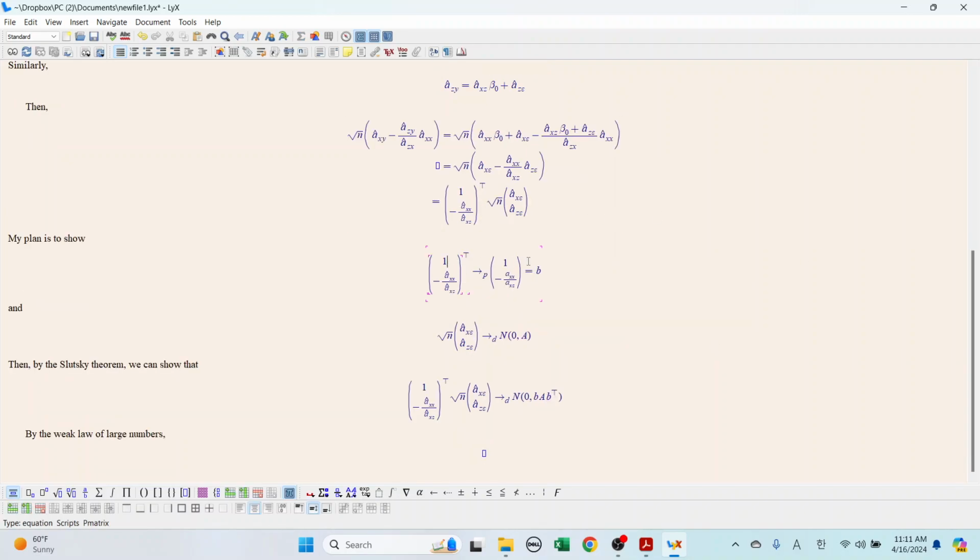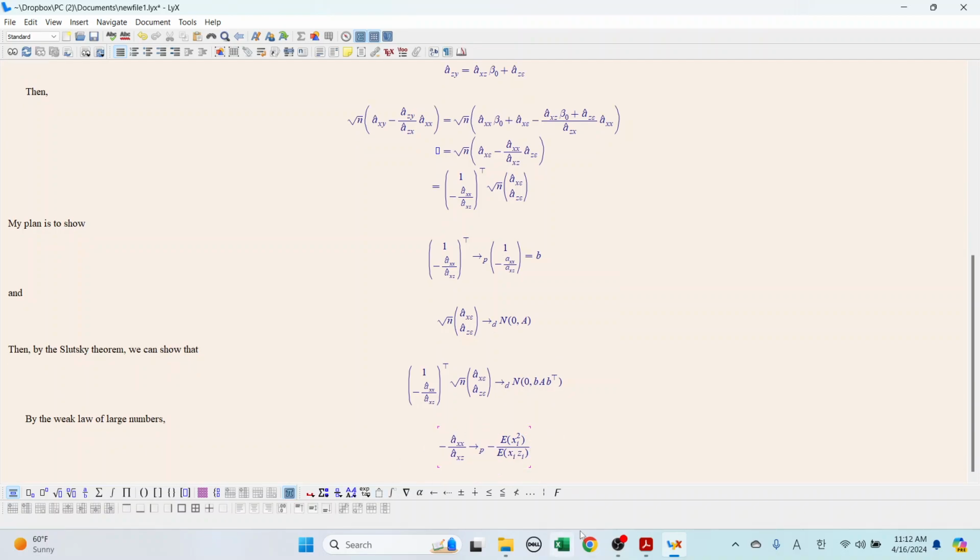So 1 over P is minus the x-hat. It is obvious that this converges to the sum of xi squared over the sum of xi zi, right?